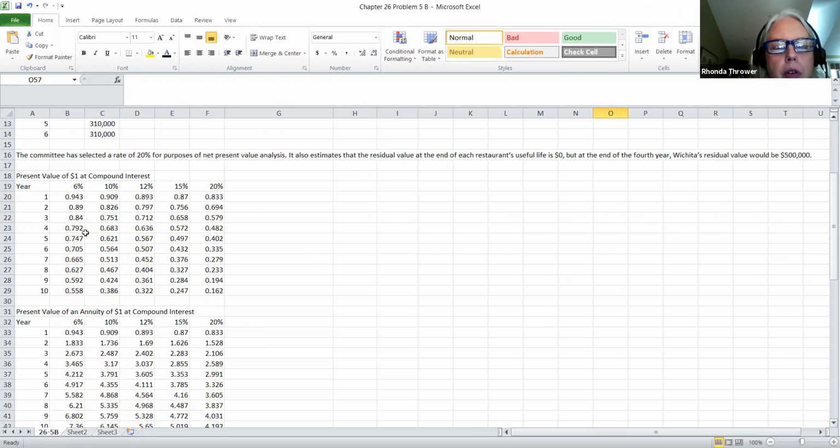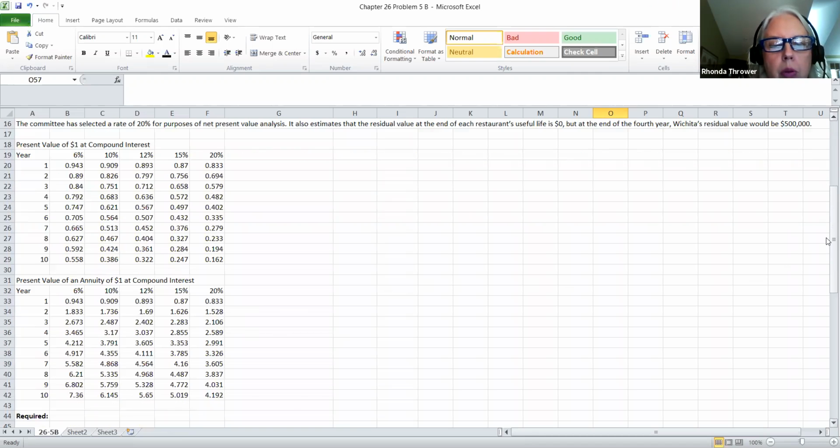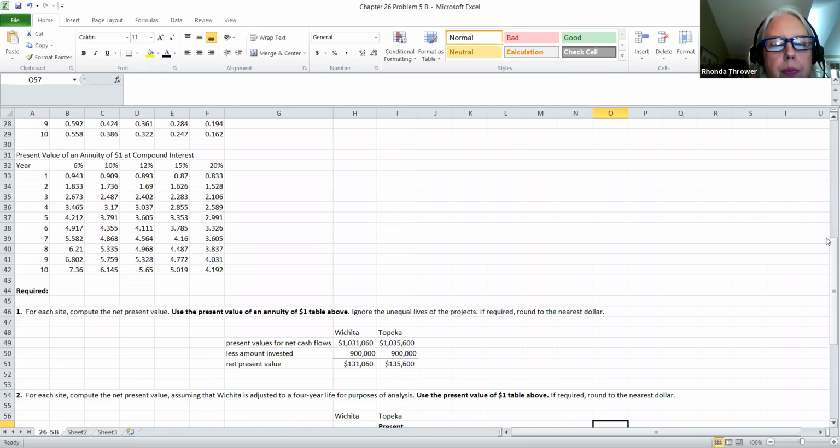So they've given you 2 different tables this time. They've given you the present value of a dollar table and present value of annuity table. Be careful and read your instructions carefully as to which table they want you to use. In requirement number 1, it says for each site, compute the net present value using the present value of the annuity table.